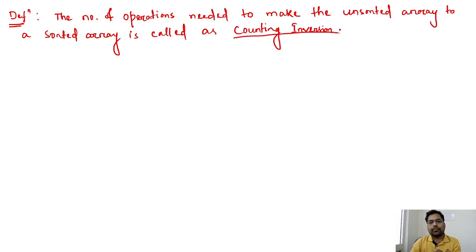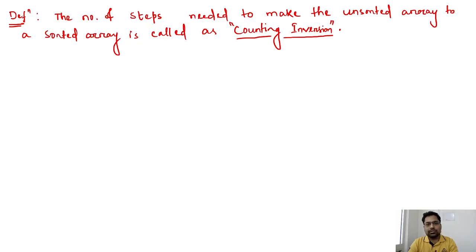Okay, so counting inversion suggests we need to count the number of operations, or rather the number of steps. Operations could be quite confusing, while number of steps is very helpful to understand. The number of steps needed to make the unsorted array a sorted array is called counting inversions. When you search the internet, you will get many definitions.